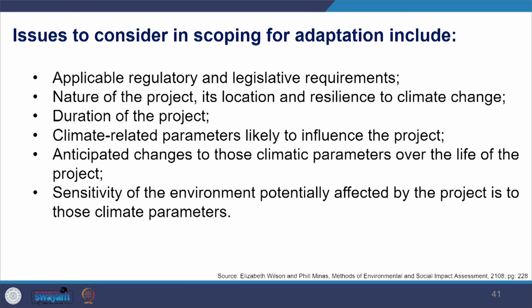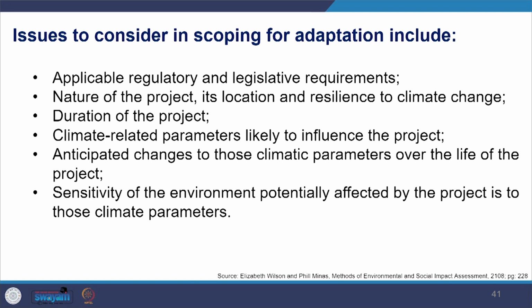You should review the climate related parameters likely to influence the project. So we'll also be looking at the climate related parameters here. You should anticipate changes to those climatic parameters over the life of the project. You've already seen what lifespan we take for the project. You should review how sensitive the environment potentially affected by the project is to those climatic parameters.